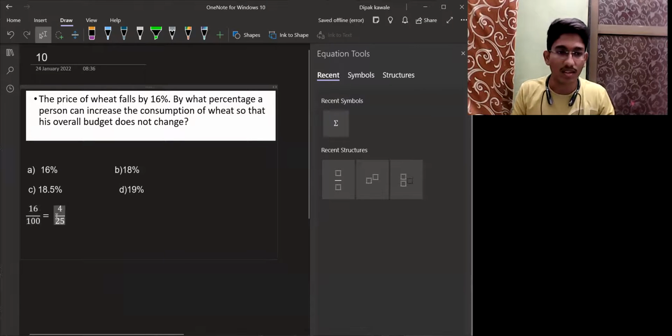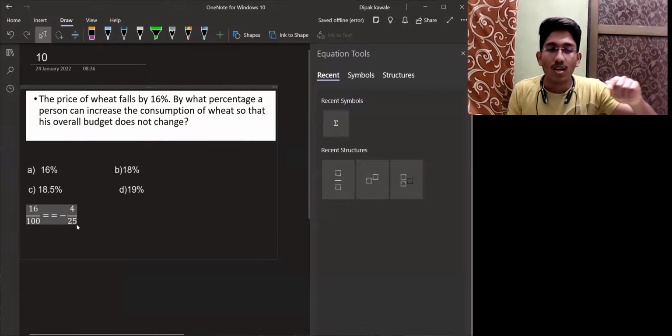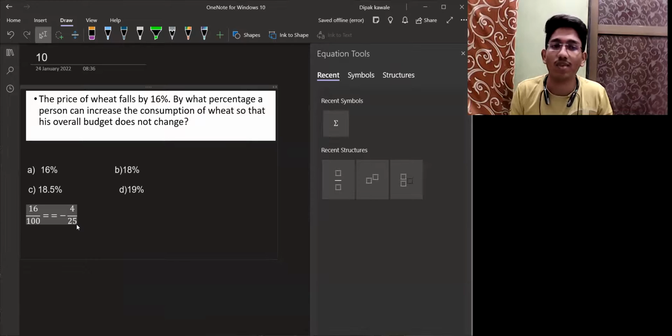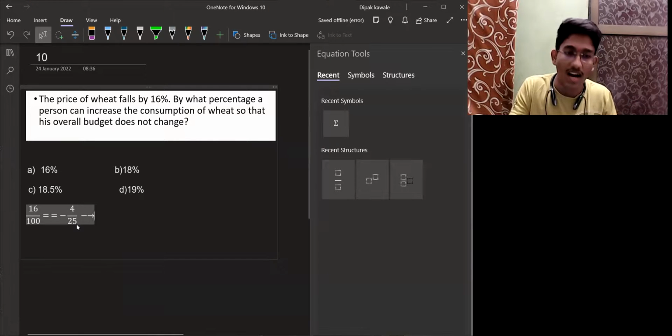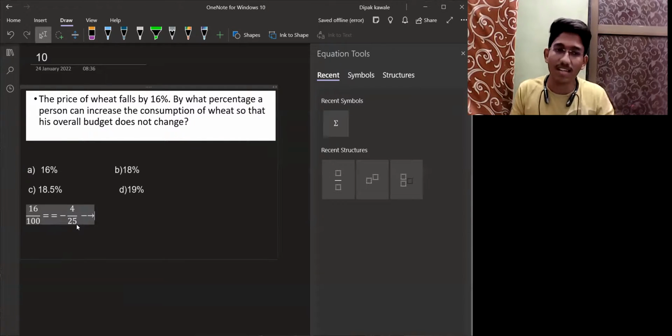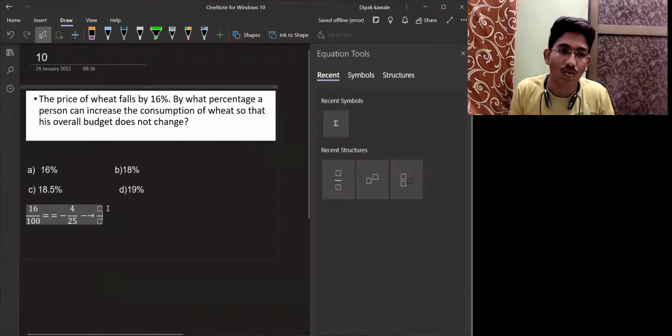As it falls by 4 by 25, that means I have to write it as a negative. 25 minus 4 is how much, sir? 21. That means I have to increase my consumption by 4 by 21 in terms of fraction.